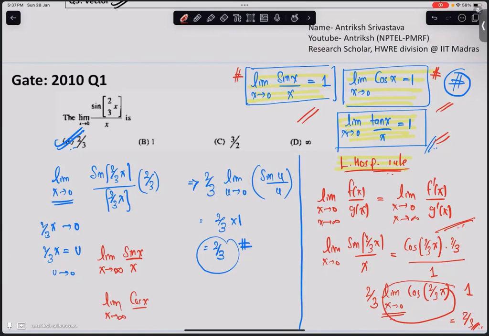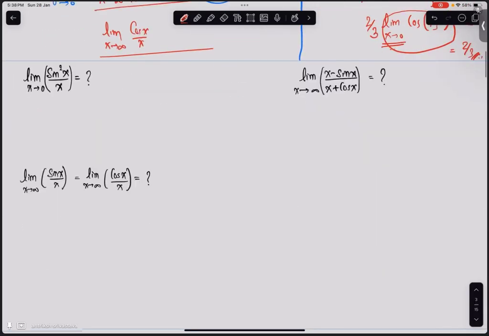What happens to cos x by x? So we don't need any kind of L'Hospital. We don't even need to apply that rule. But just by logic, you see these two things, and you can tell me what is going to be the answer.